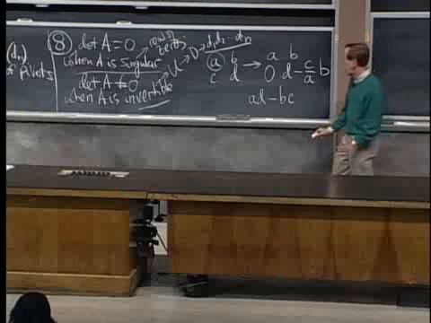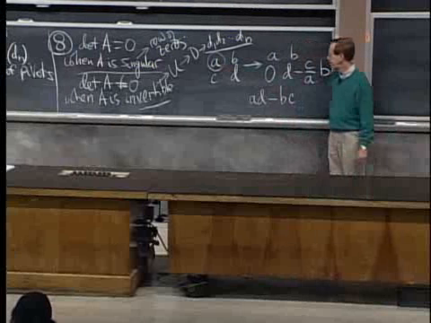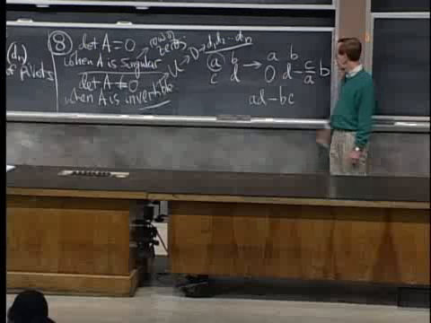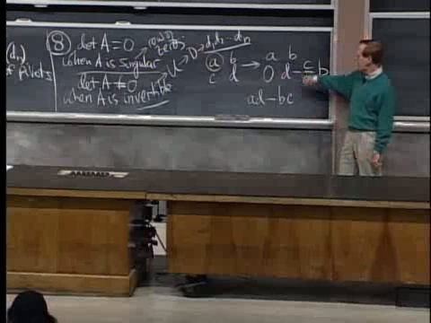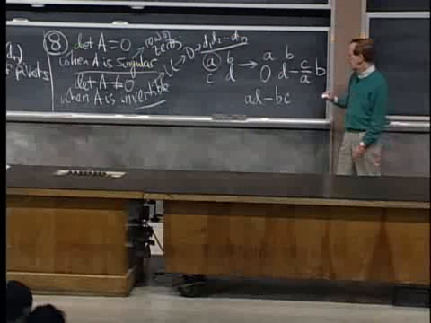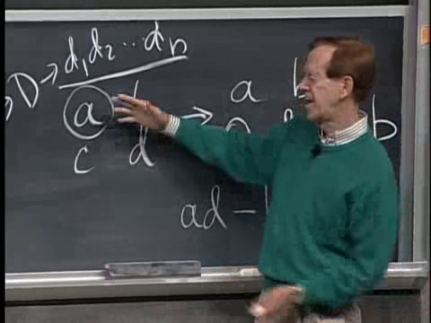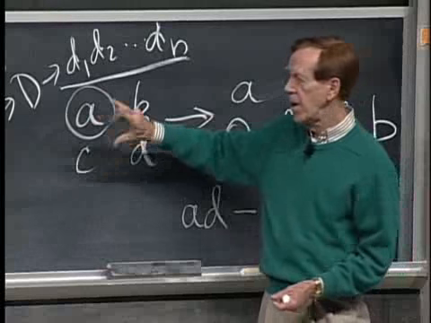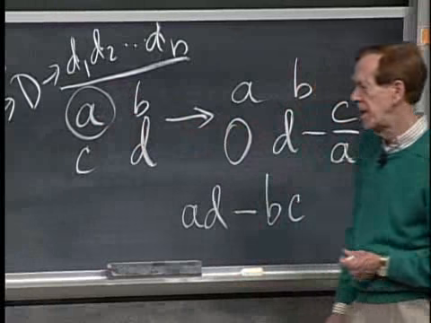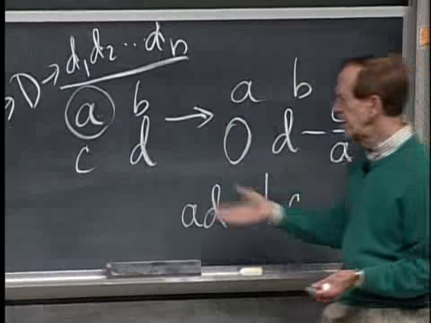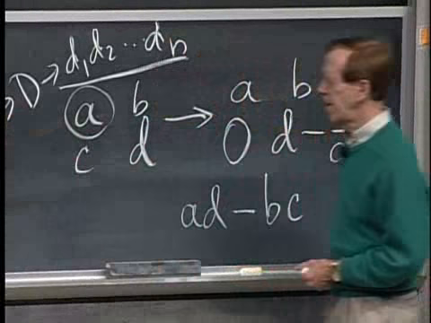So that's great, provided A isn't 0. If A was 0, that step wasn't allowed. 0 wasn't a pivot. So I've covered all the bases. If A is 0, then I have to do the exchange. And if the exchange doesn't work, it's because A is singular.